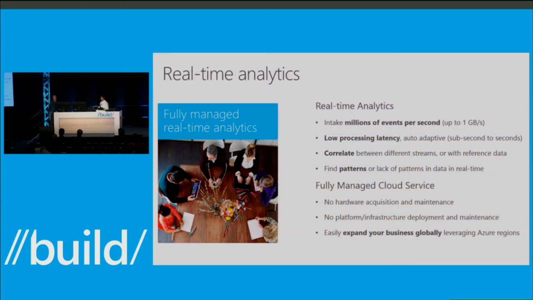So the first one is, and this is a very real experience we have had with our many partners, when you're building a stream analytics solution, you have a here and now need that is often surprisingly low.